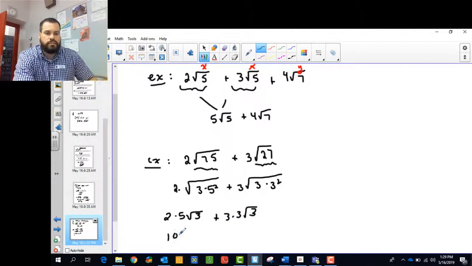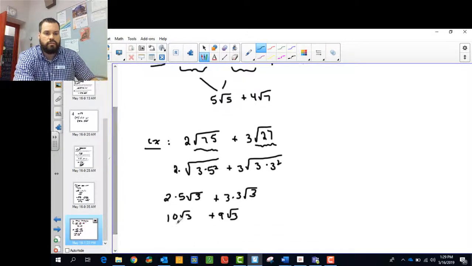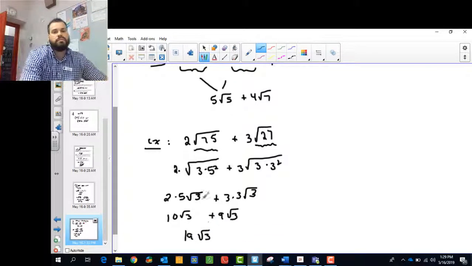And then that's 10 root 3, and that's 9 root 3. So together, now I can add them together and make 19 root 3. Okay, so sometimes when it doesn't look like you can add them together, you still can. You just have to do a little bit of work first.